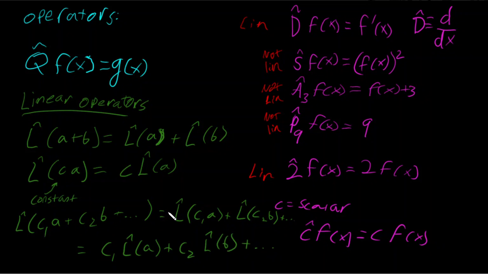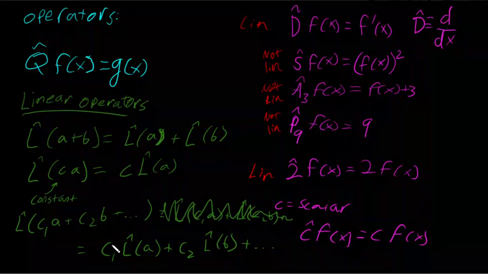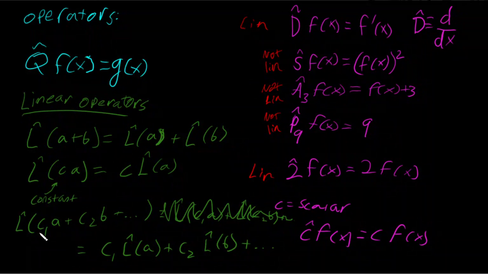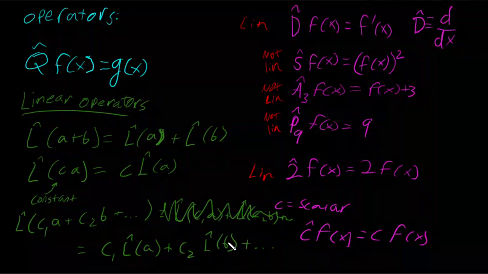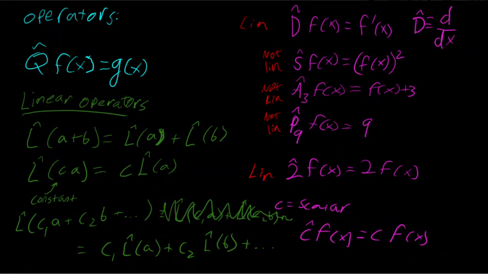And we sort of get rid of this middle step; that's just to show you the work. But you can see that based on these two, a linear operator acting on a linear combination, if I have C1A plus C2B plus C3D, would be C1 times L hat acting on A plus C2 times L hat acting on B plus C3 times L hat acting on D, etc., etc.